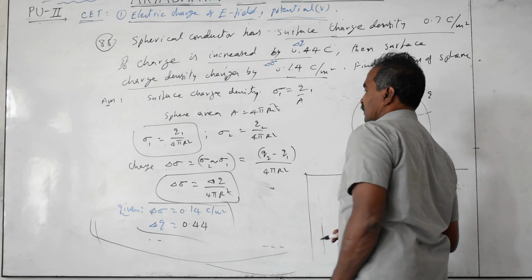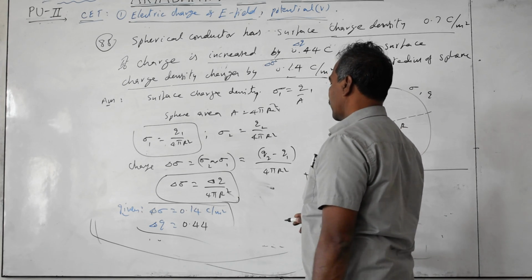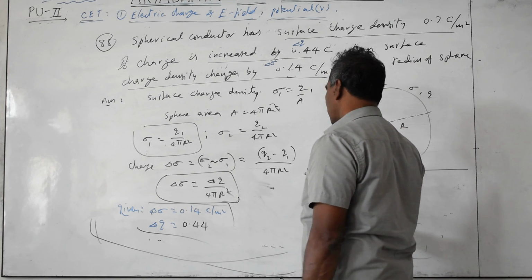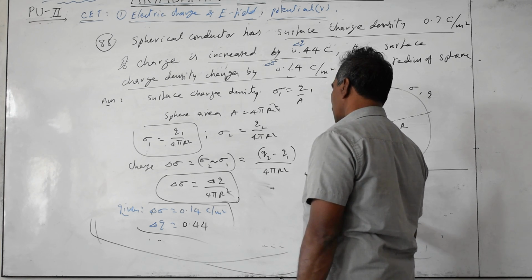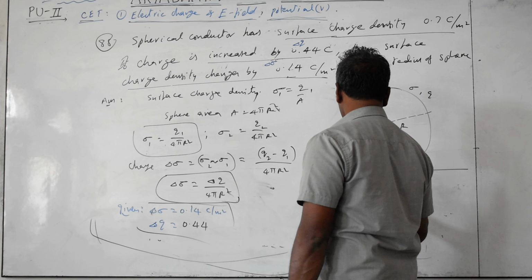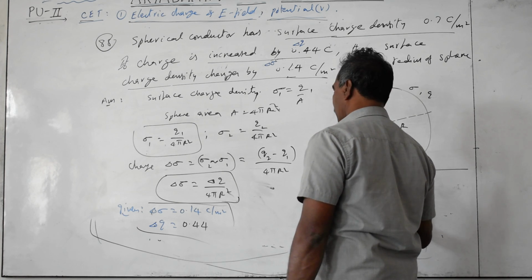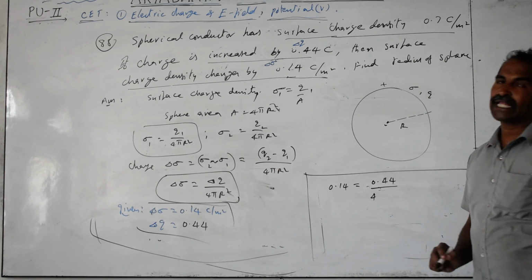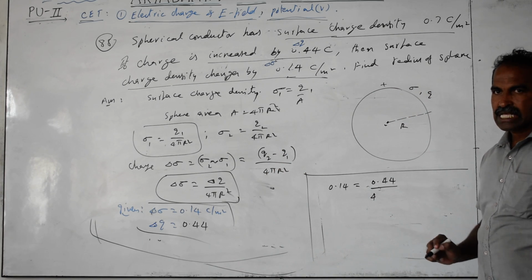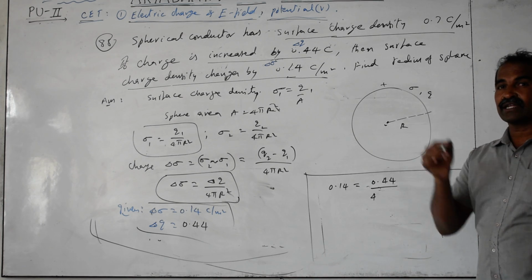Therefore, you can get the r square. We can substitute: delta sigma 0.14 is equal to delta q 0.44 by 4 into pi r square. For pi, don't take 3.14 for calculation purposes. You will be given the calculation such that you can easily divide it.